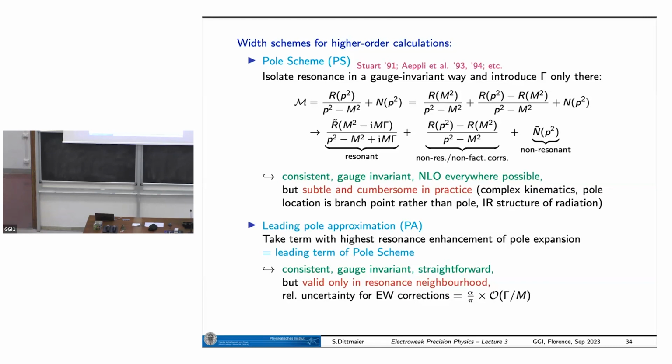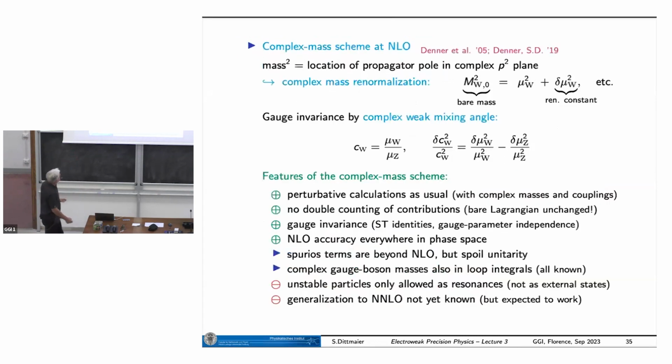Which means in practice that you basically only take this piece here, which has the resonance enhancement, plus maybe something that survives from here, which is these non-factorizable corrections. So this goes under the name pole approximation, or leading pole scheme, or whatever. So this was one early proposal, which turned out to be a bit more complicated than originally planned.